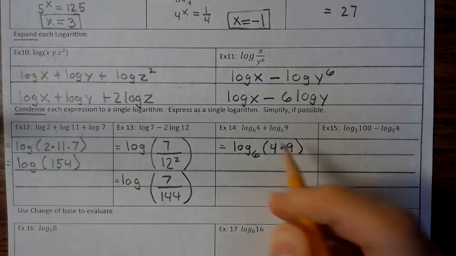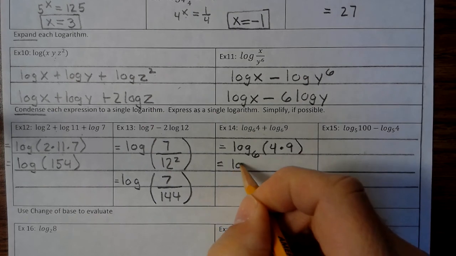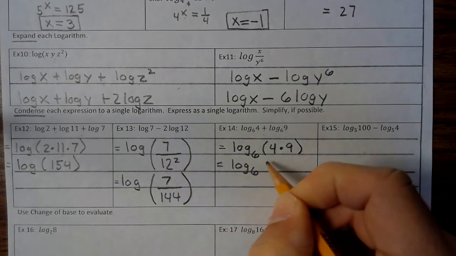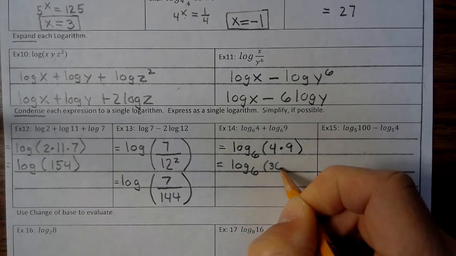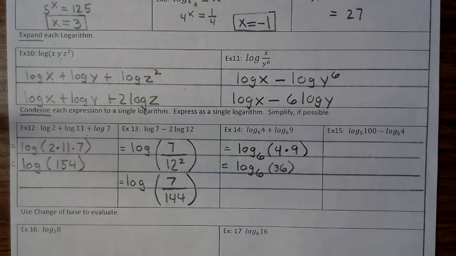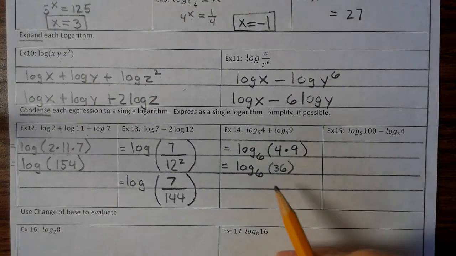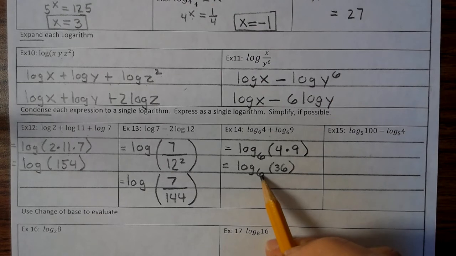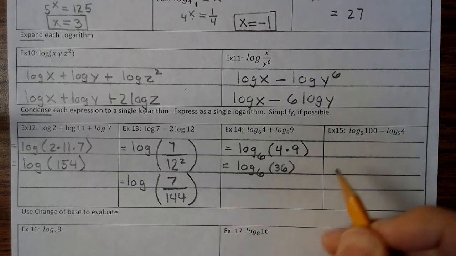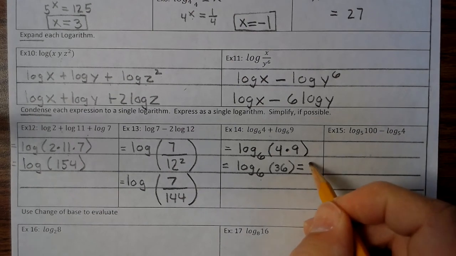Well, 4 times 9 is 36, so this becomes log base 6 of 36. Well, we ask ourselves, 6 to what power gives you 36? The answer to that is 2. So this equals 2.